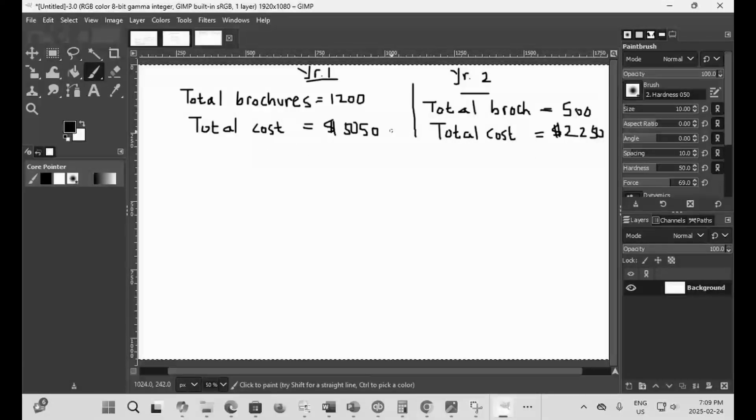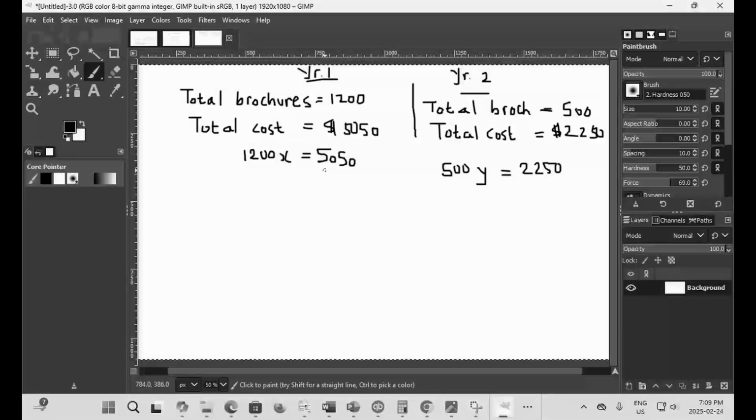Now we can write an equation for year one and year two. We have 1,200 brochures, so 1,200x, where x stands for the number of brochures, equals 5,050. We don't know how many brochures were printed in year two, so we'll use another variable, y. So 500y equals 2,250.